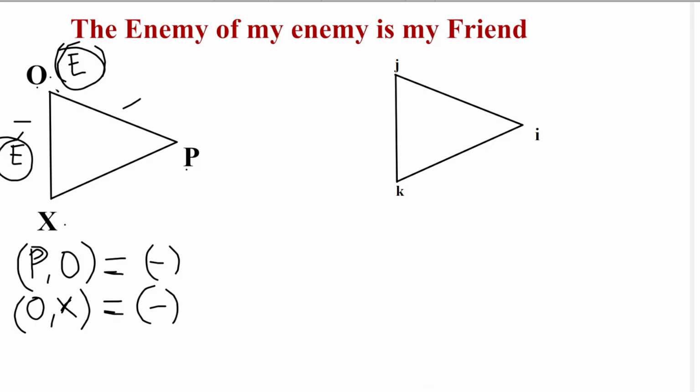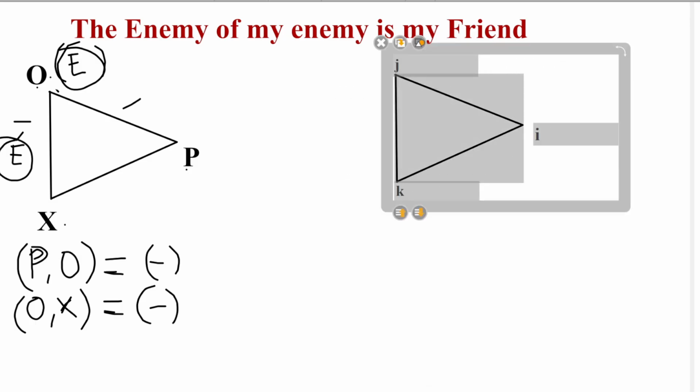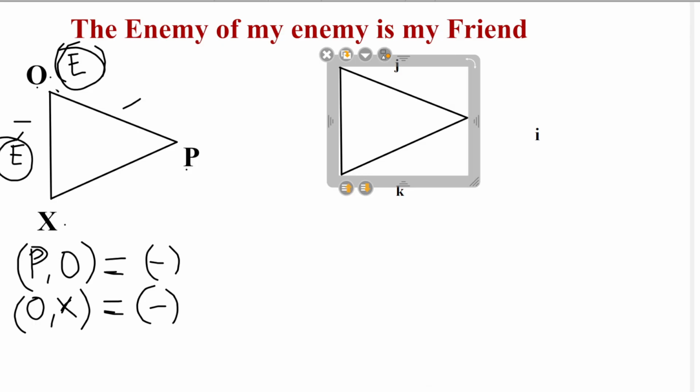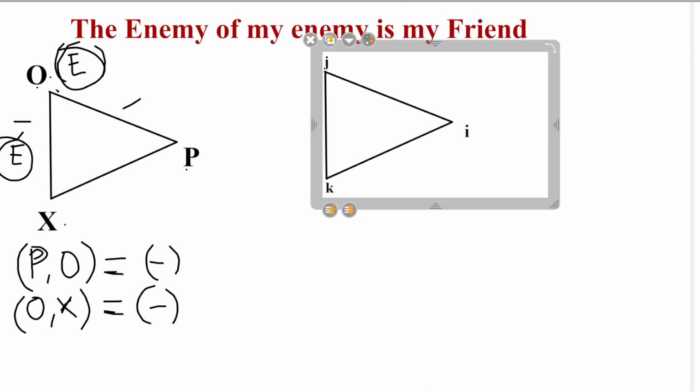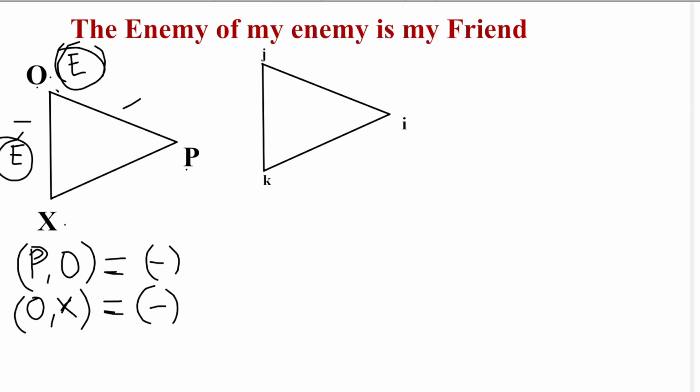I here represents P, J represents O, and K represents X. Let me just move this all together to this side.